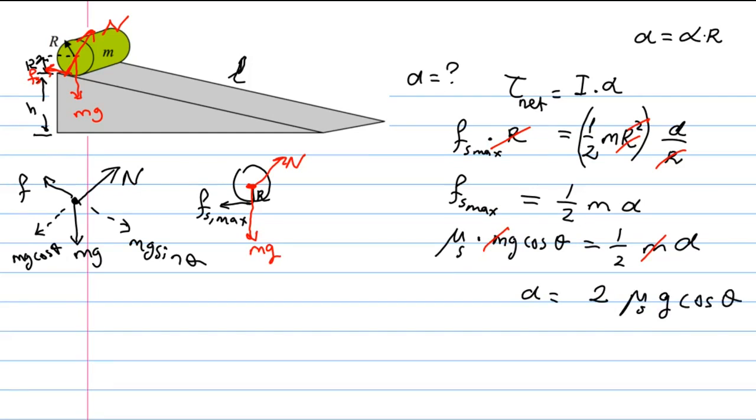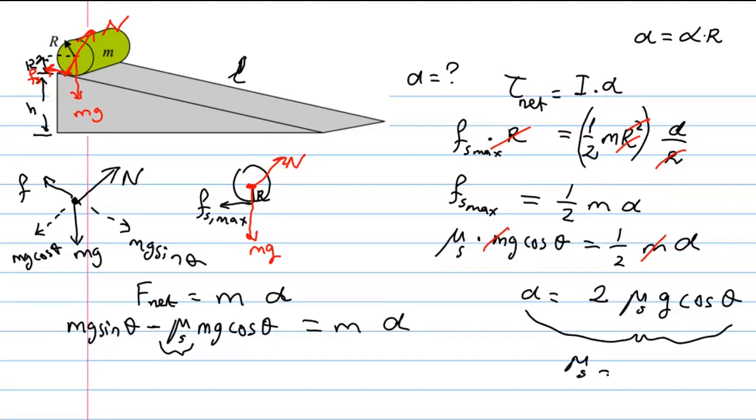Now we need to write Newton's second law. Newton's second law tells us that the net force is m times the acceleration of the system. Now the object is moving forward down the incline. That means mg sine theta is in the positive direction, pulling it. And the static friction force is mu s mg cosine theta. Mu s is a over 2g cosine theta.